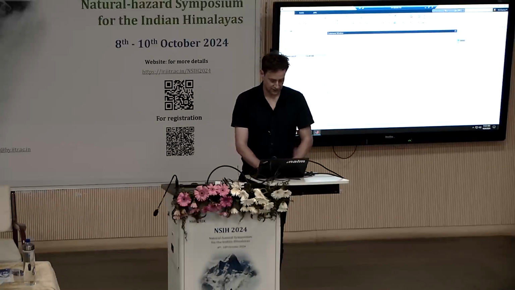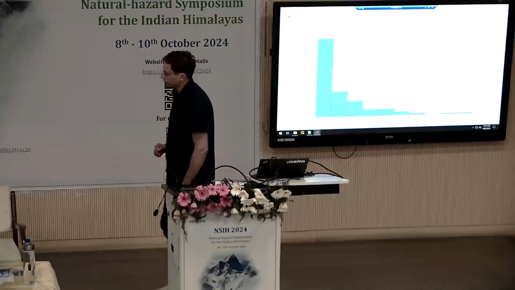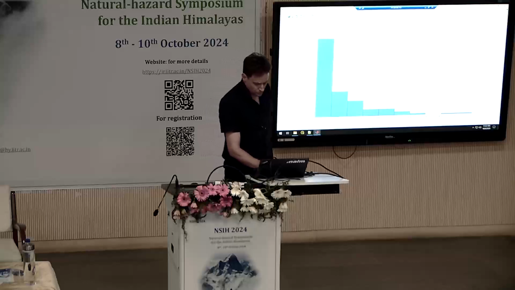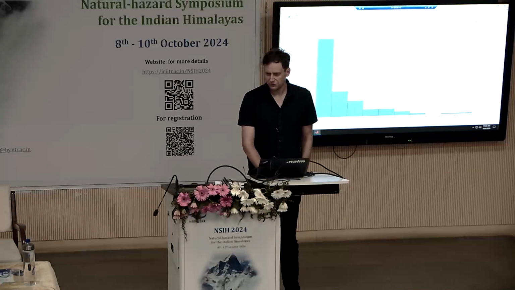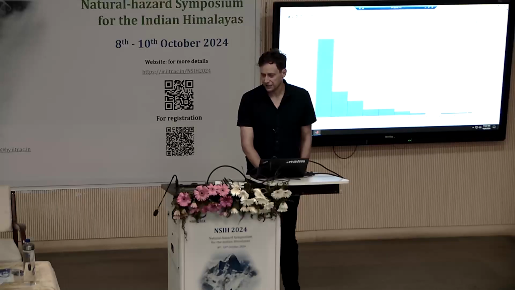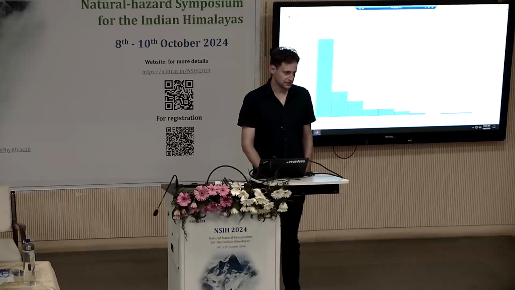We don't want this. So now you can see that's the distribution of erosion rates, ranging from near 0 to up to 10,000. So a few samples have apparently very high denudation rates. So 10,000 millimeters per 1,000 years means 10 meters in 1,000 years. That's a lot, really a lot.